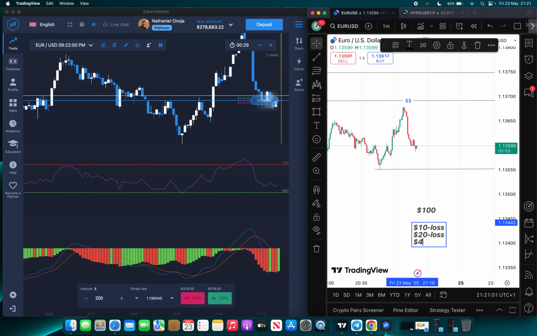So if you do Martingale with $40 and you eventually lose, let's say the devil is on your side that day, you have lost 40 plus 40 plus 30, that's $70. How much is left of your 100? What is left of your 100 is now $30. That $30, you cannot go into a trade with $30 and recover your money.